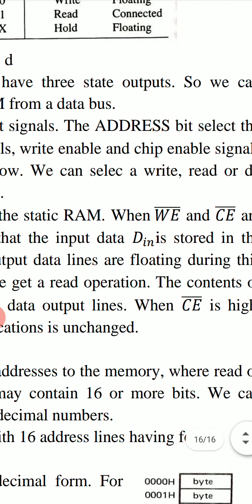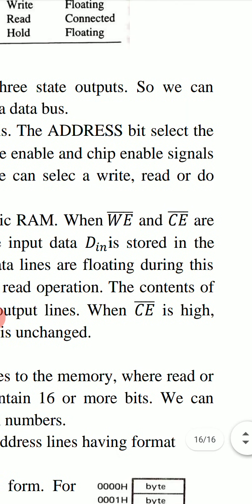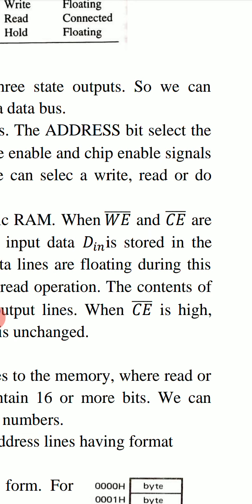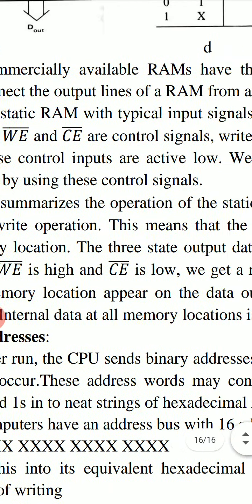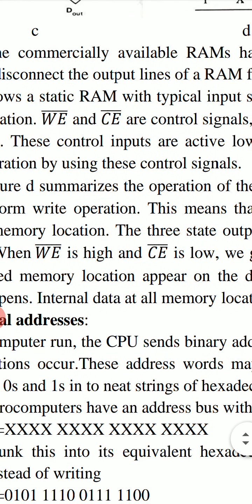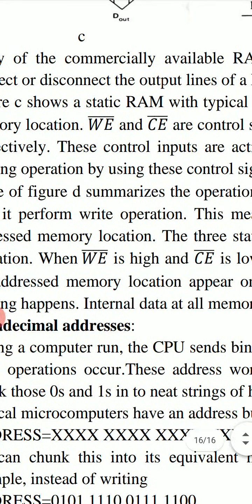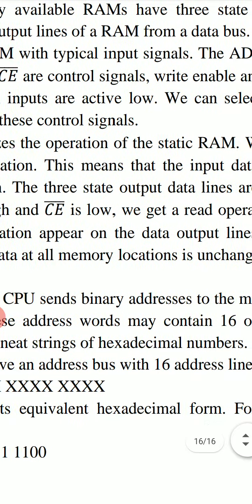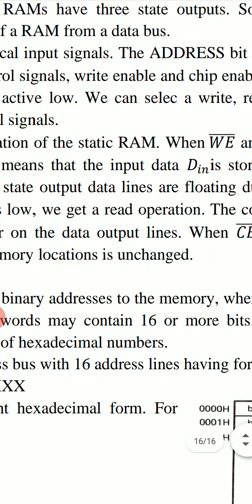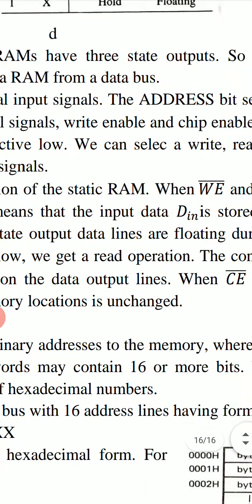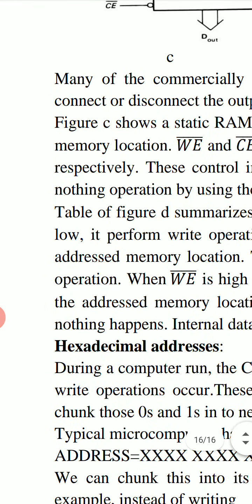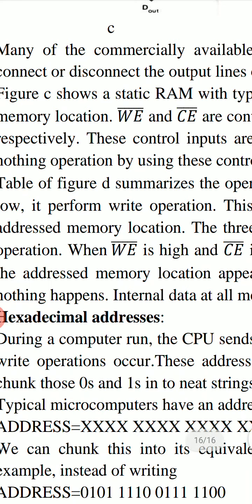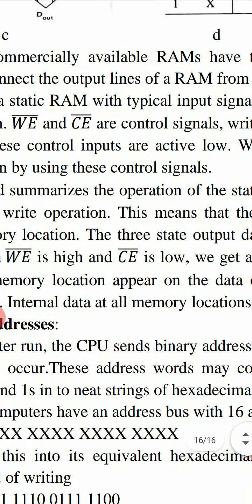We can select a write, read, or do-nothing operation by using these control signals. The table of figure D summarizes the operation of this 3-state RAM. When WE bar and CE bar are low, it performs a write operation.